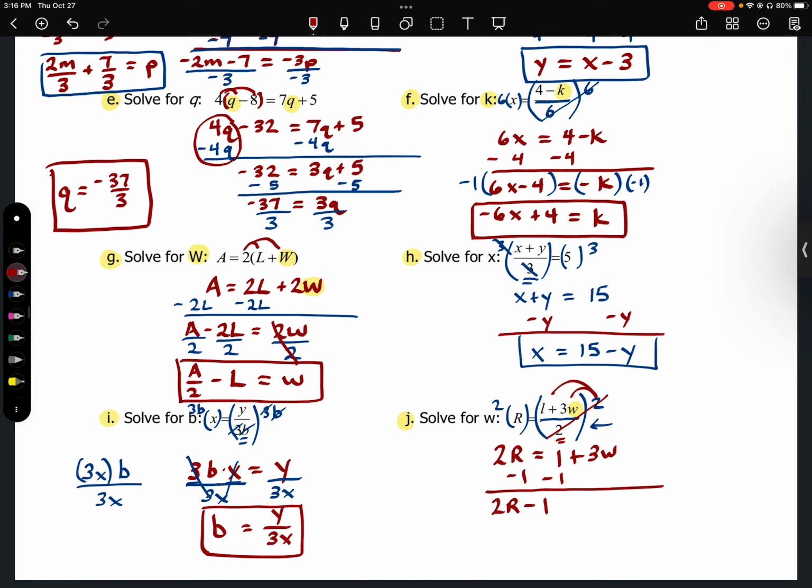We have 2r minus 1 is going to equal 3w. And then we want just 1w, so we'll divide everything by 3. So we've got w is equal to 2 times r minus 1, all divided by 3. And that is our answer.